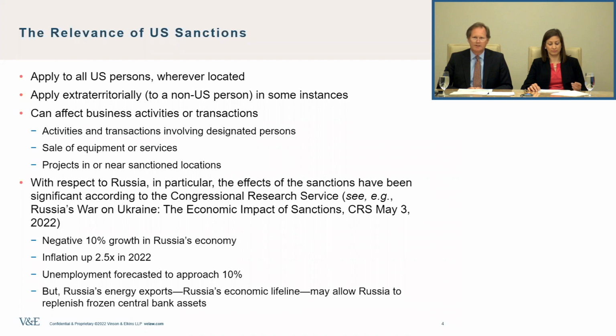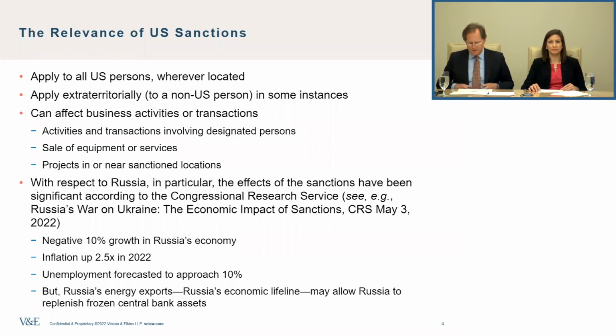One of the questions in our polling questions is your feeling on the effectiveness of sanctions. But I wanted to point out right at the beginning that the Congressional Research Service has done some work on this, and they believe these sanctions have had a tremendous effect: negative 10% growth of Russia's economy, inflation up 2.5% in 2022, and unemployment forecasted now to go above 10%.